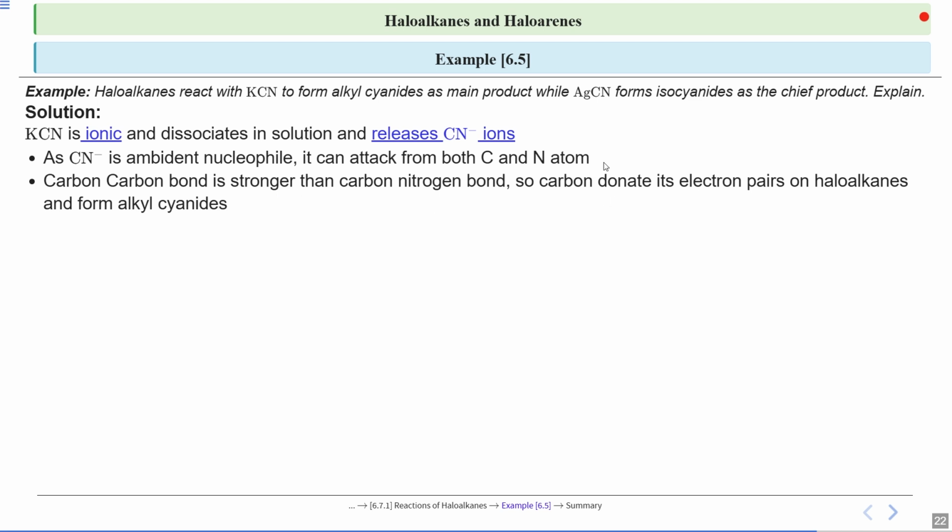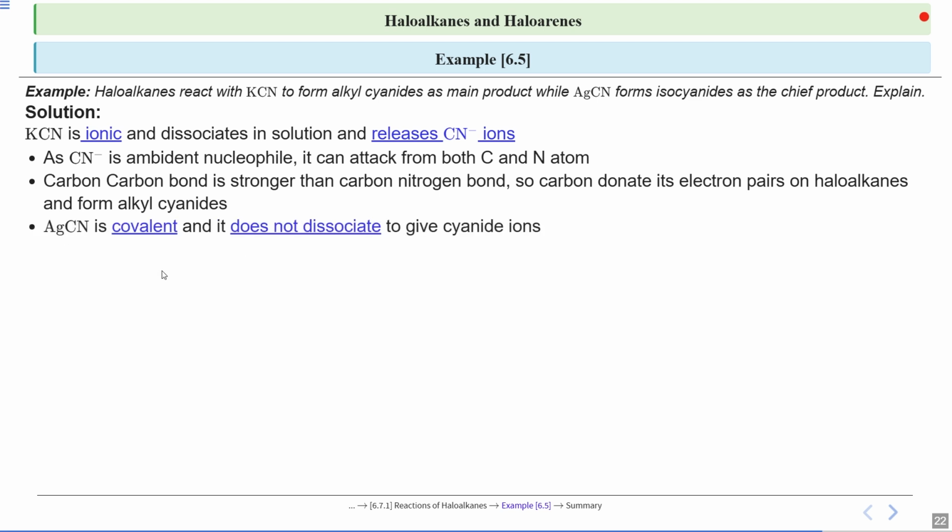So the carbon will donate its electron pair to the haloalkane and form alkyl cyanide. Cyanide can bind through carbon and nitrogen both, but the carbon-carbon bond is stronger compared to the carbon-nitrogen bond. So carbon will form the bond with the substrate, and the electron pair of the carbon will be donated to the haloalkane, and the major product will be the alkyl cyanide after the reaction of haloalkanes and potassium cyanide.